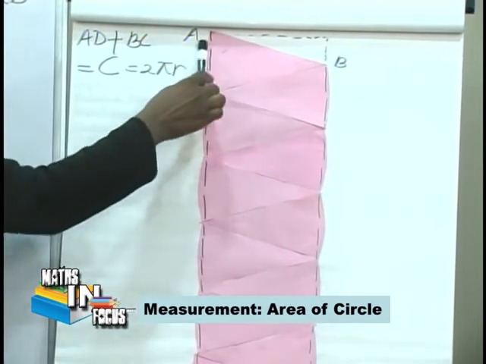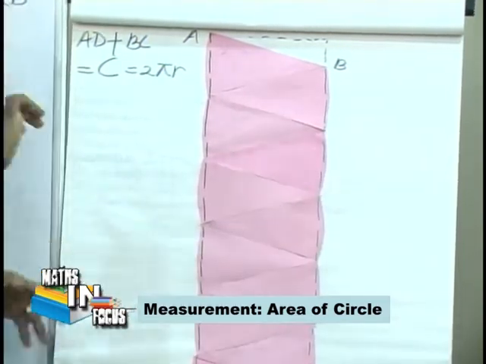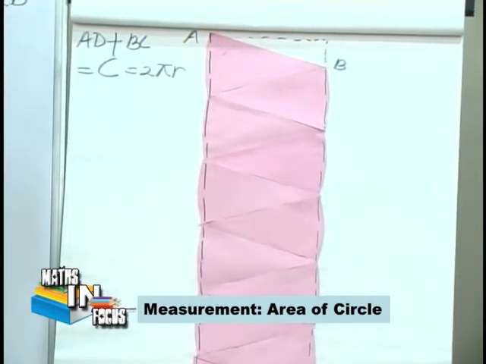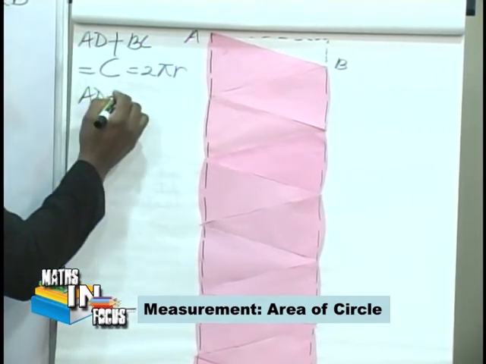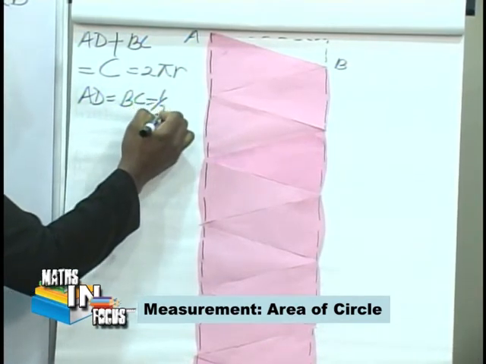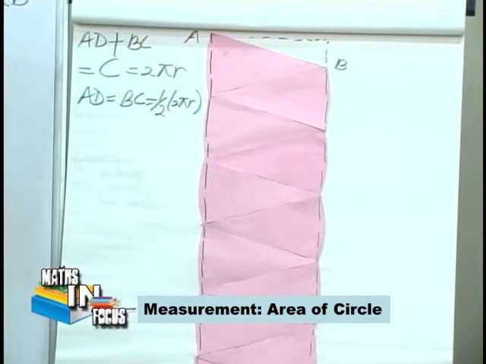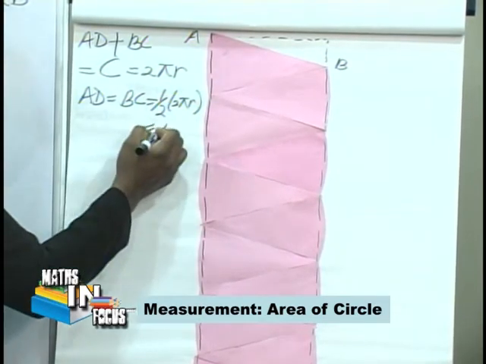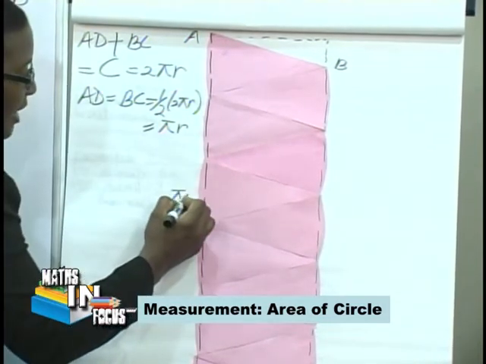Because this is one set of sides and this is another set, and when we fit them all together, we'd have the circumference. Now, what is AD? AD, which is equal to BC, is equal to half of 2 pi r, and half of 2 pi r would just be pi r. So here we would have pi r.